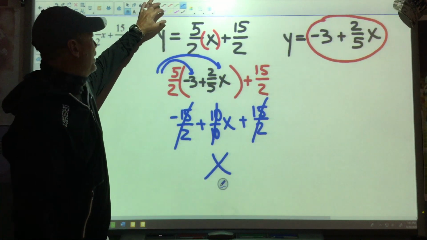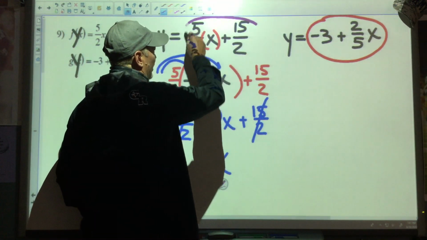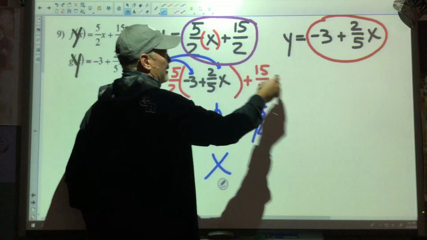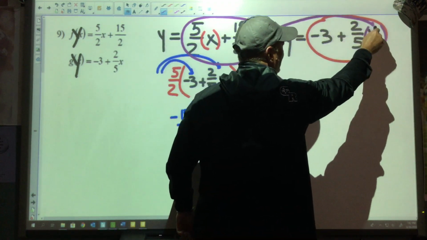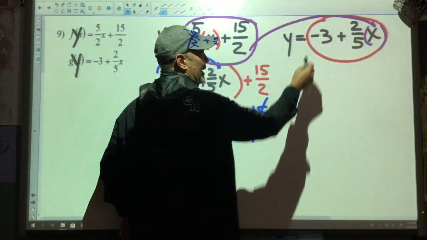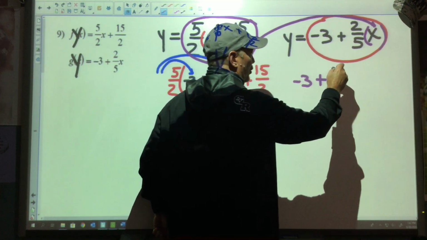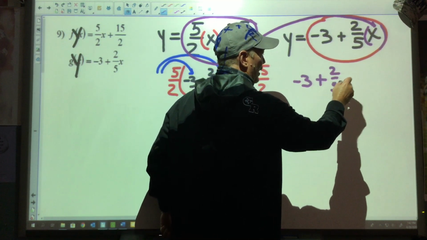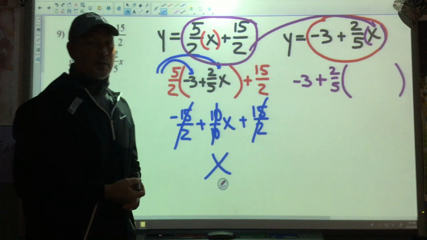So we're going to come over here, and I'm going to ask you to take this and substitute it over here. Take it all the way over there and substitute it where that x is. So we're going to say negative 3 plus 2 over 5 times something.